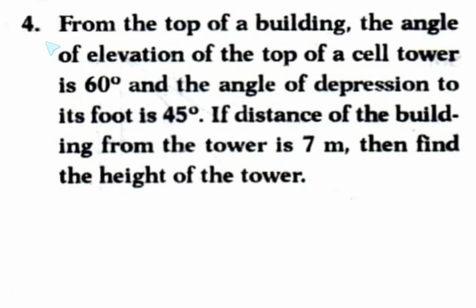Question number 4. From the top of a building, the angle of elevation of the top of a cell tower is 60 degrees and the angle of depression to its foot is 45 degrees.